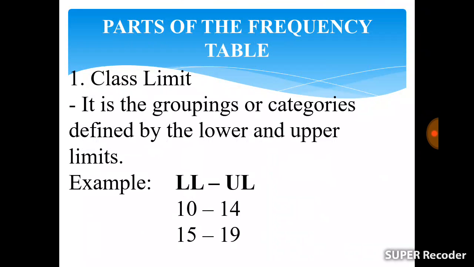So we have different parts of the frequency table. The first one is the class limit. So it is the groupings or categories defined by the lower and upper limits. So you can see in the given example, samples of the lower and the upper limits.